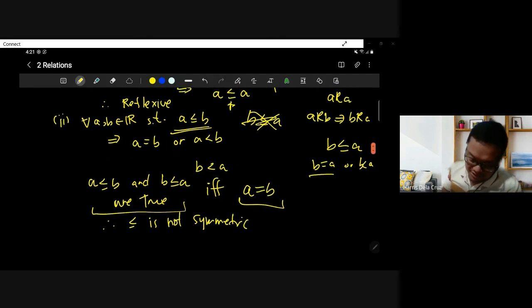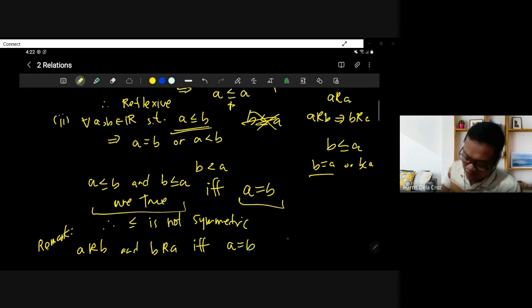Pag meron kang AR, so let me write that as a remark. If you have ARB and BRA, if and only if A is equal to B. Ang tawag sa relation, then R is antisymmetric. Hindi siya symmetric. Siya ay antisymmetric.